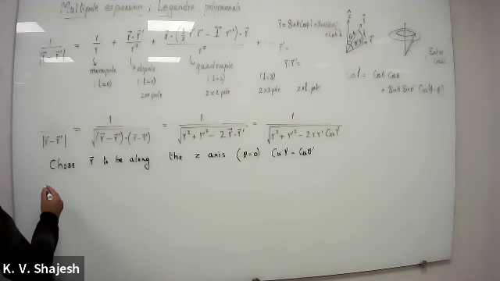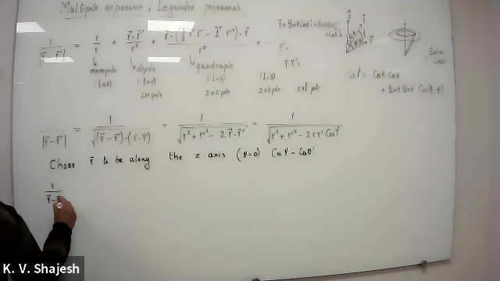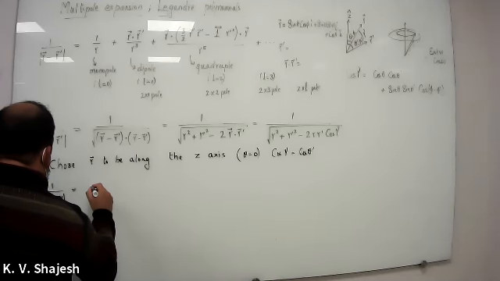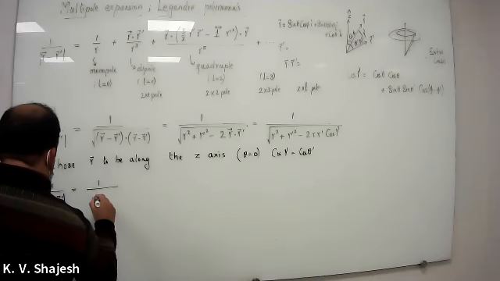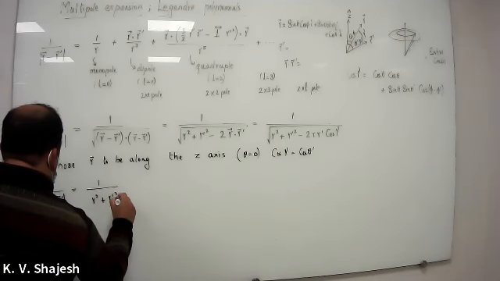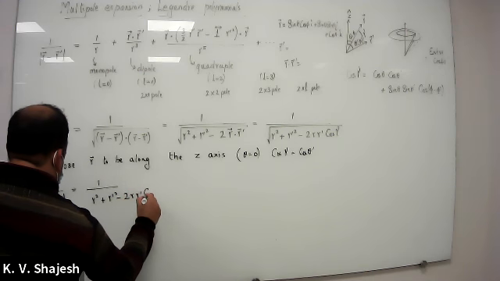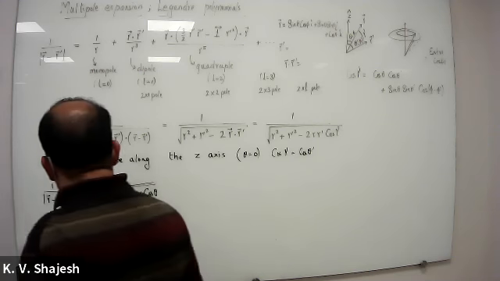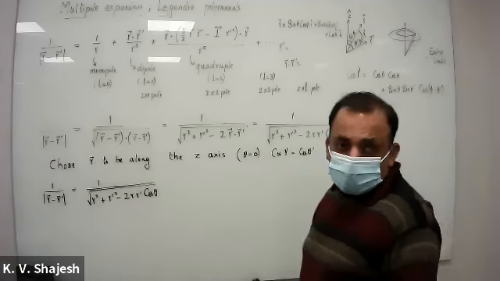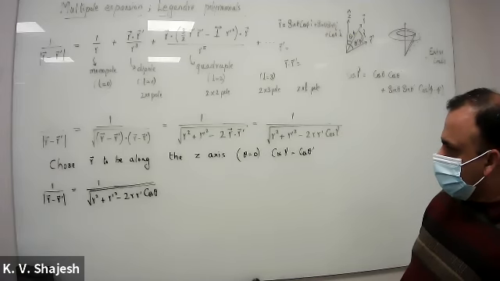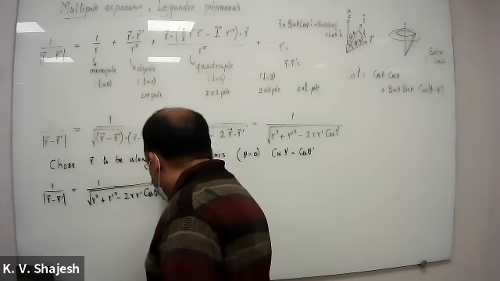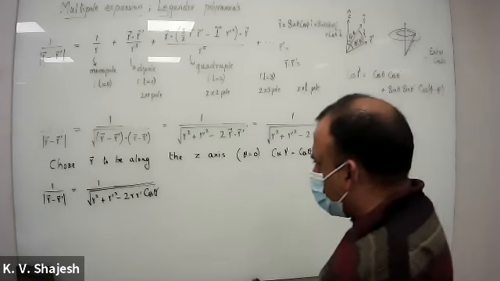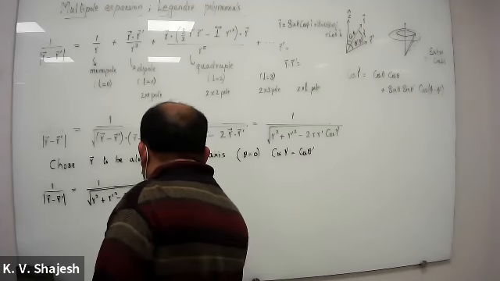So my 1 over |r minus r prime| becomes equal to 1 over the square root of r squared plus r prime squared minus 2 r r prime cosine theta prime. Oh, theta prime. Yes, thank you. Pull this out.